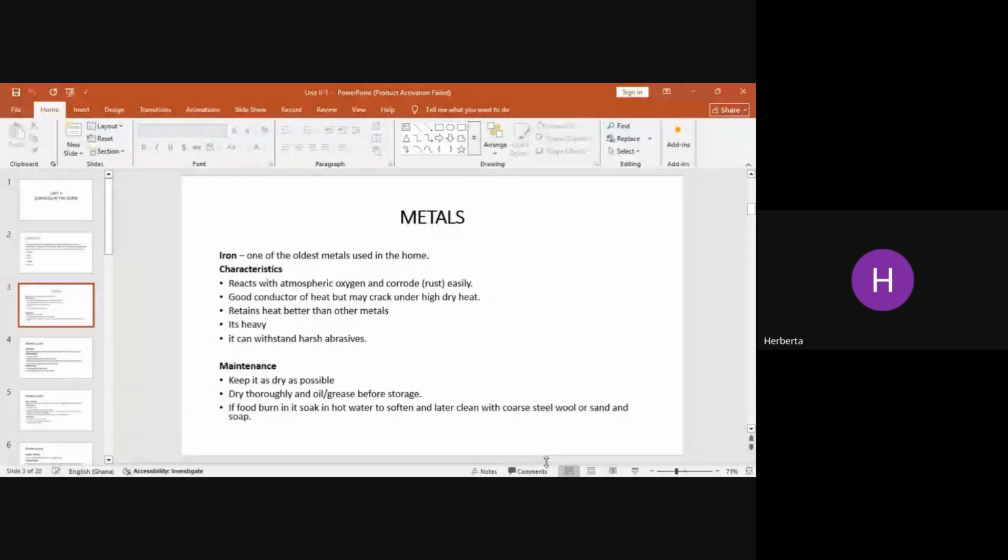Iron retains heat better than other metals. It is heavy and it can withstand harsh abrasives.